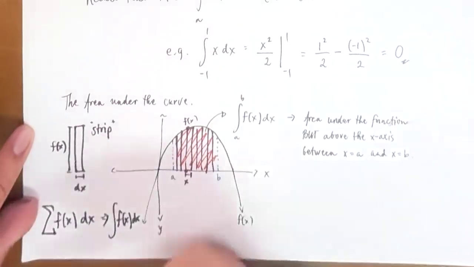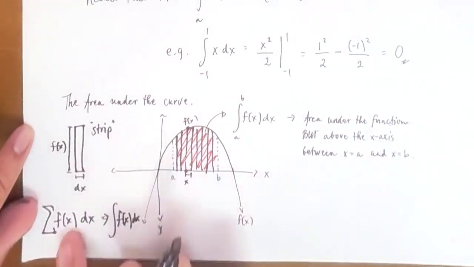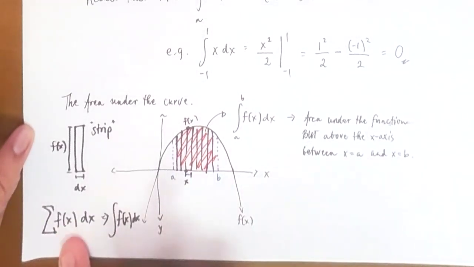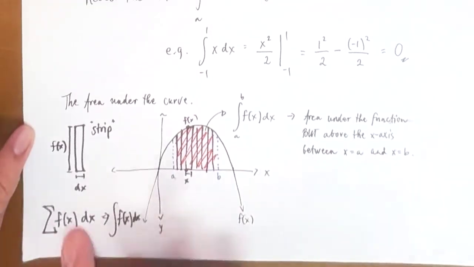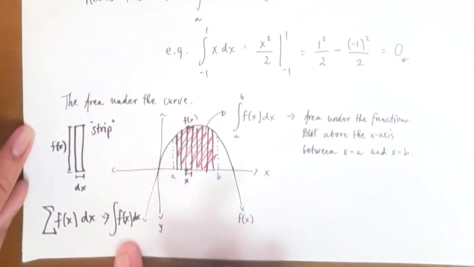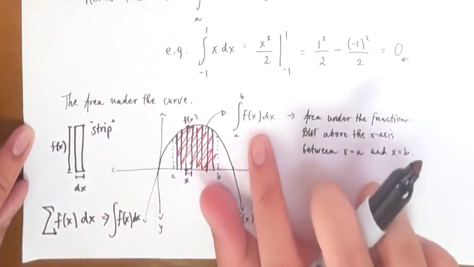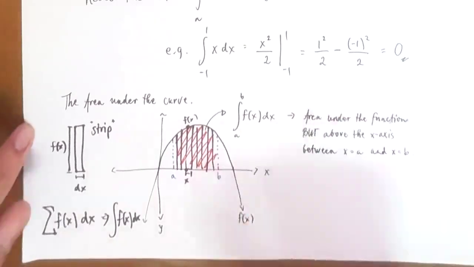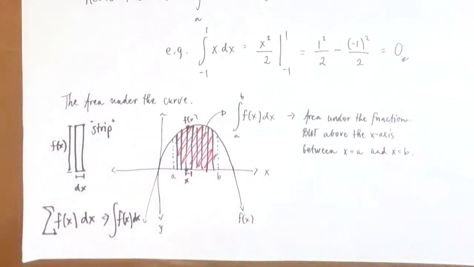So if we keep on slicing them apart, this is the approximation we get. And what we want is for this approximation to be as good as possible. We have as many slices as we can. Hence, from discrete, it becomes continuous. That is the meaning of the integral right here.